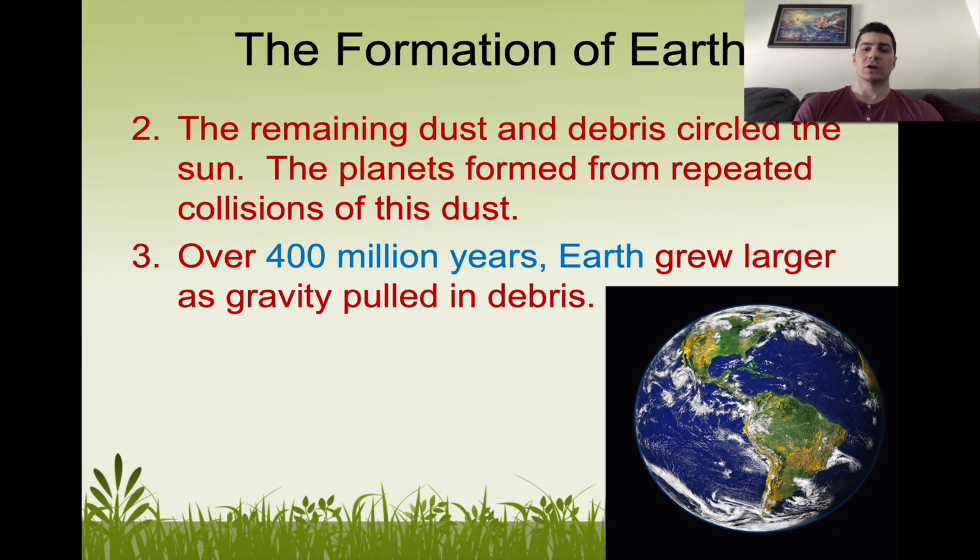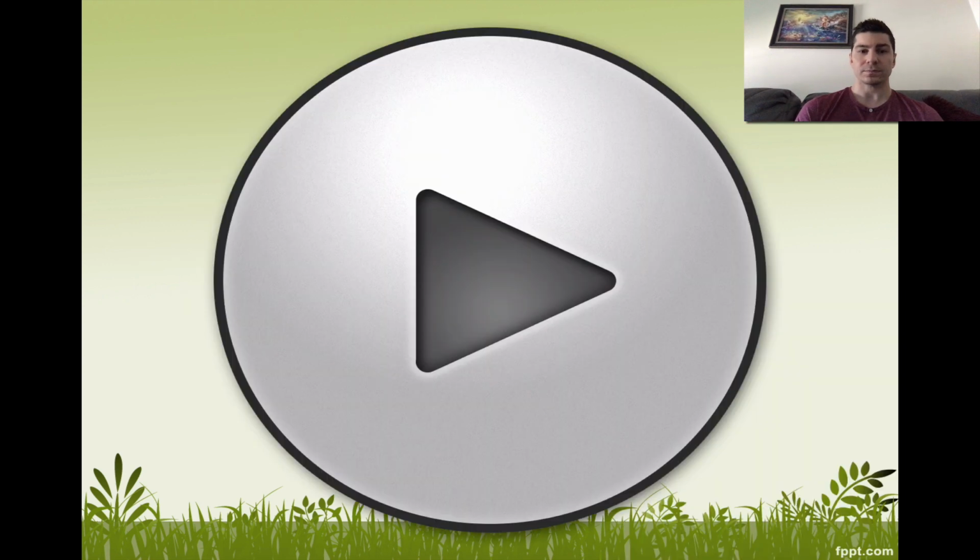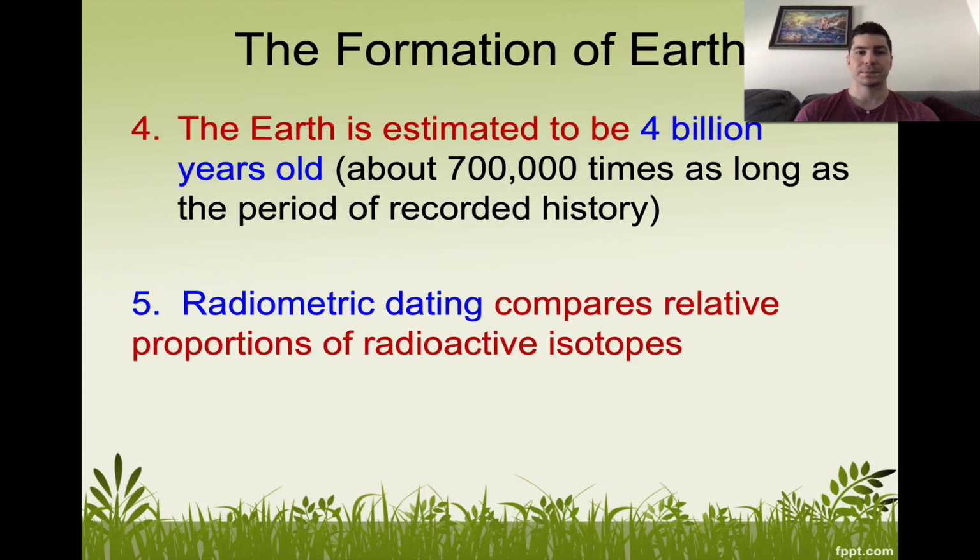It took a long time for Earth to grow as big as it is today, and it wasn't stable enough to harbor life while it was collecting all this debris. I have a really cool video for you on this. It's Earth in 4K, showing the oceans and all the land on Earth. I'll post that on Google Classroom if you want to watch it.